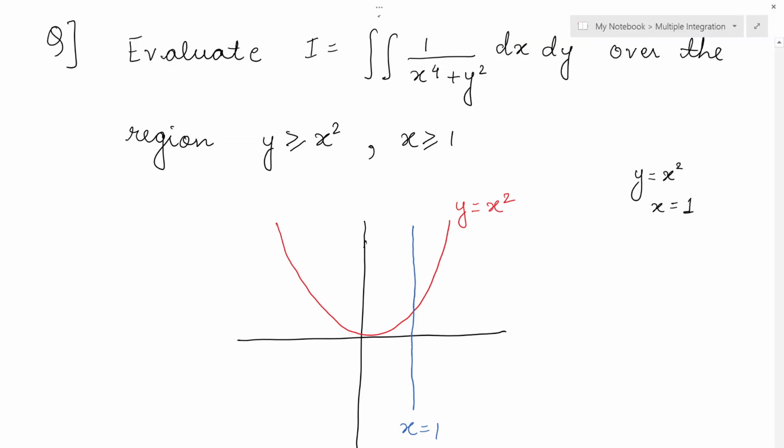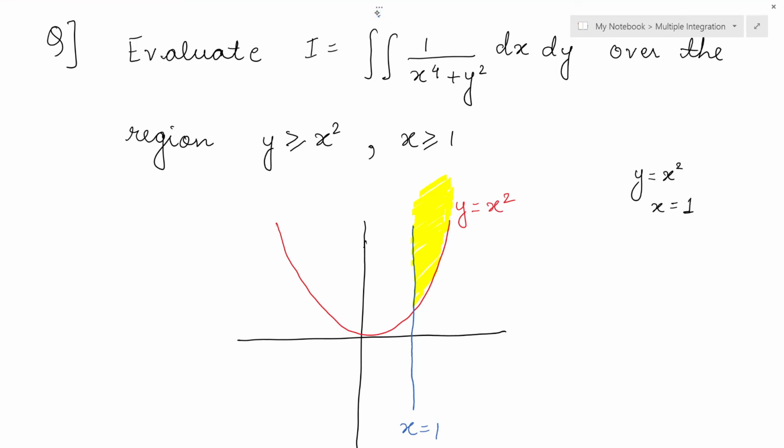You know that y is greater than or equal to x square and x is greater than or equal to 1. That means at x is equal to 1, y will be greater than or equal to x square. So what will be the common region in this? The region will be this, up till infinity. The region won't stop, it is not ending anywhere. The region is up till infinity.